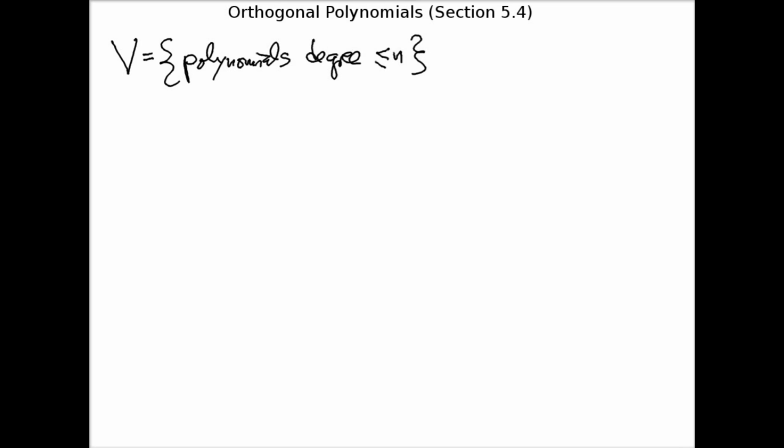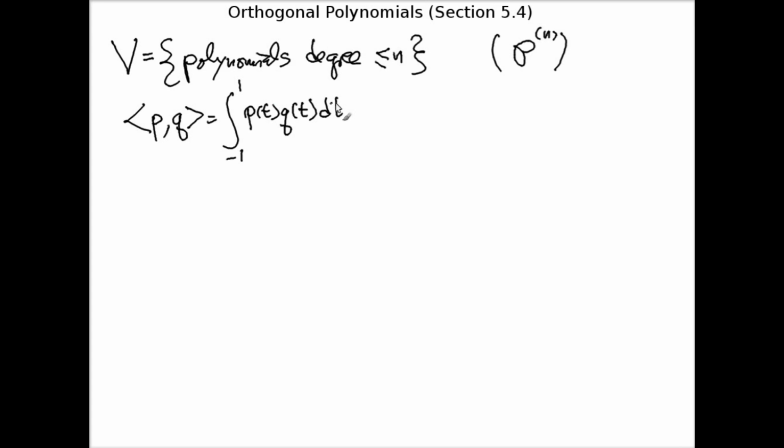All right, so again, let's let V be the space of polynomials of degree less than or equal to n. The book uses the notation P upper n for this space, but I'll just use V. And let me remind you that we're using the inner product of P and Q equal to the integral from minus 1 to 1 of P of t, Q of t, dt.